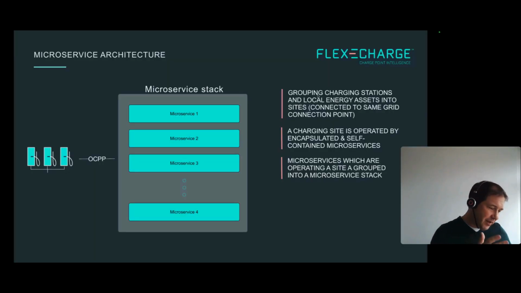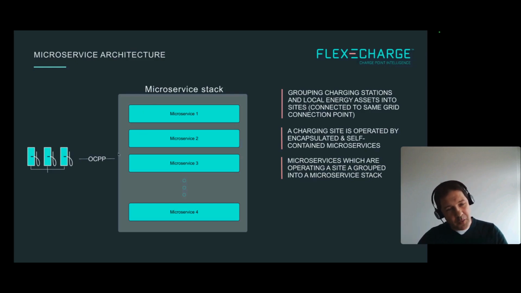So what we are doing is we are using microservices, and we stack these microservices into stacks, and each of the microservices is responsible to provide a specific task. I will get into that in a second.